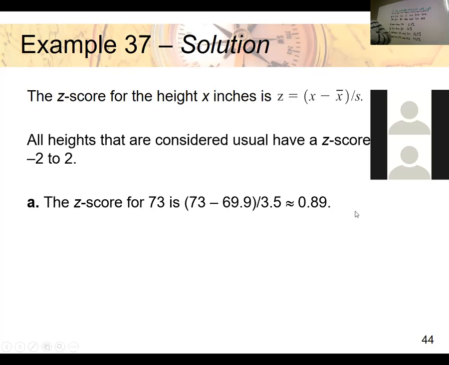So for a height of 73 inches, the Z value is 0.89, and it is a usual height because 0.89 falls between -2 and 2.